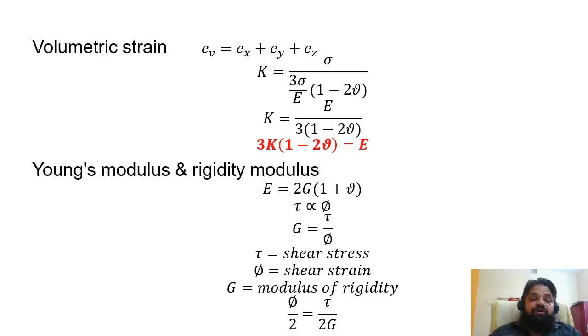Because in order to obtain E is equal to 2G into 1 plus nu, I need a term 2G, which has been shown over here. So I can write the same expression in another way. Phi is equal to tau by G. Now divide by 2 on both sides. So phi by 2 is equal to tau by 2G. And why am I writing phi by 2, and where did I get this phi by 2 from? I got it from my earlier knowledge.